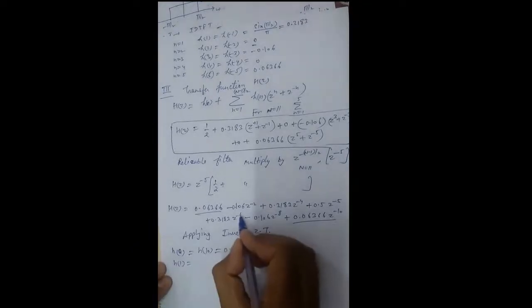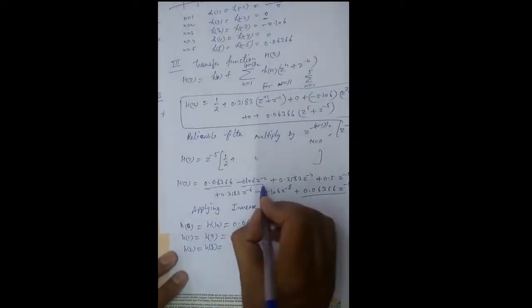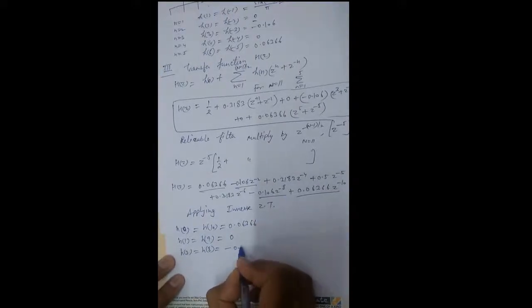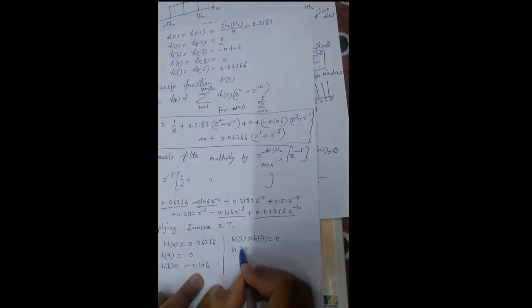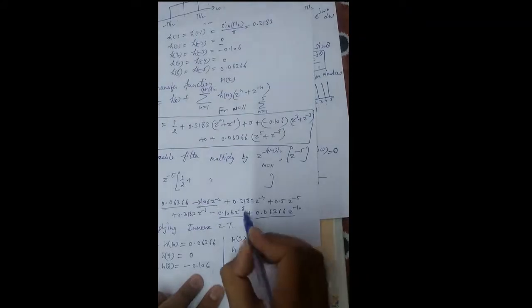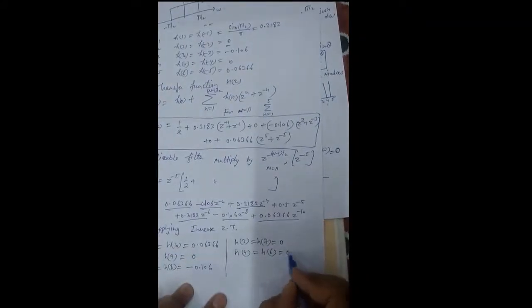Similarly h1 and h9 coefficients are same, 0 here, and h2 and h8 coefficients are minus 0.106, and h3 and h7 coefficients are again 0, h4 and h6 coefficients are 0.3183, and h5 is the center coefficient, that is 0.5. So this is the realizable filter.